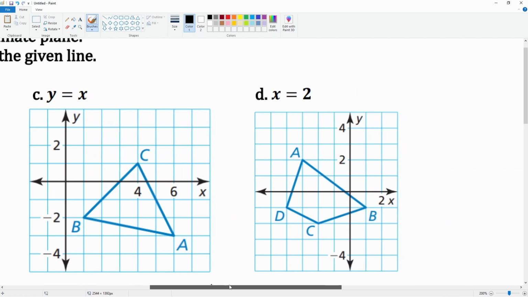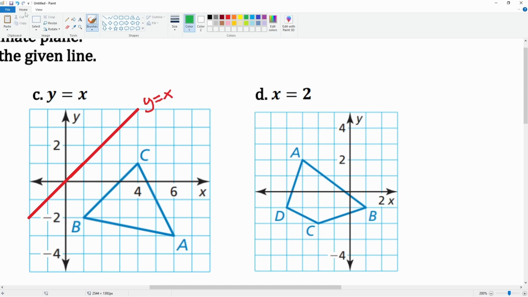Next, let's do y equals x. Okay, y equals x. It is defined by this line here. Okay, this is the line of y equals x. Notice it's going to be the same distance across as it's going to be here.